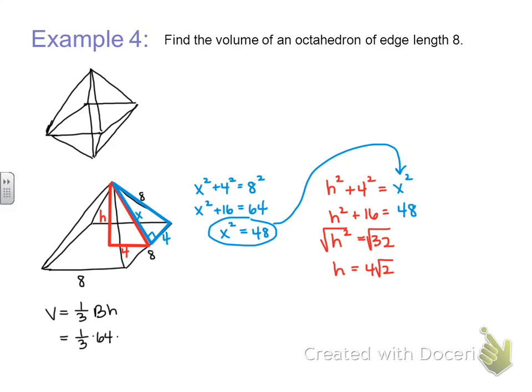All right. So now that is my height right there, right? So I'm now plugging that in as 4 root 2 in that part of the equation.